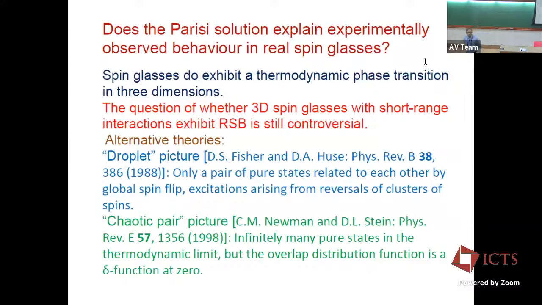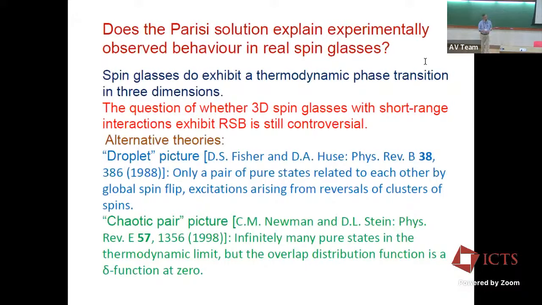The same thing would happen here, because here the two pure states are related to each other by spin flip symmetry, and as soon as you put in a magnetic field, that symmetry is lost. So there is no bifurcation of phase space and things like that that you would have in a phase transition. So this theory would predict that no Almeida-Thouless line.